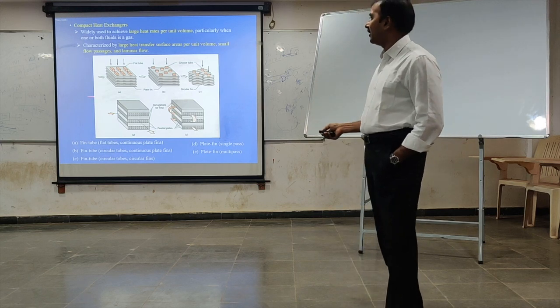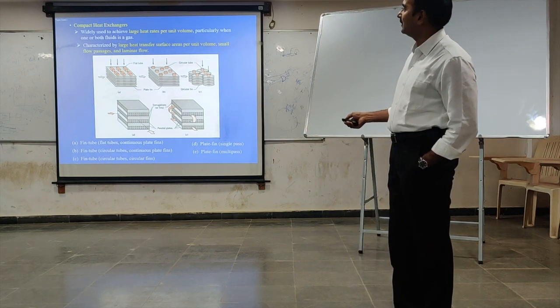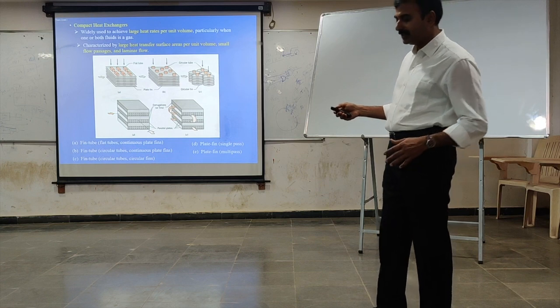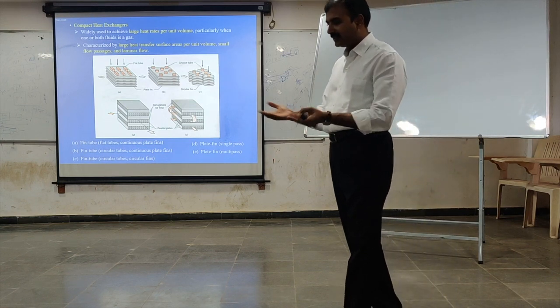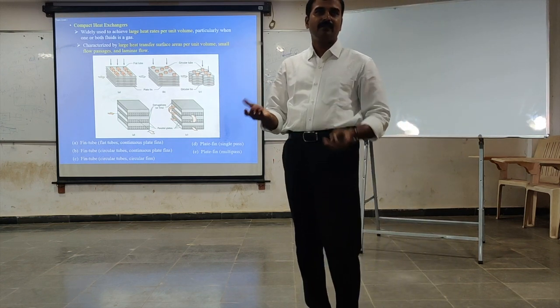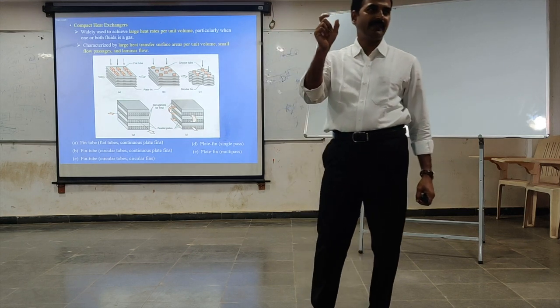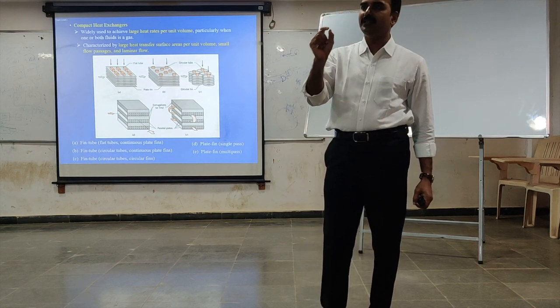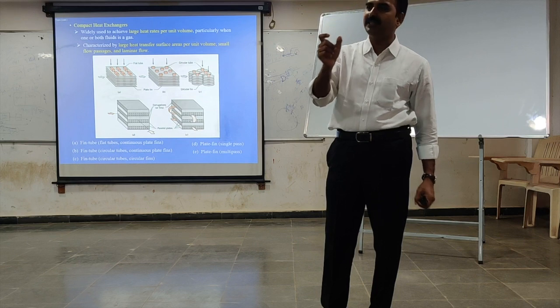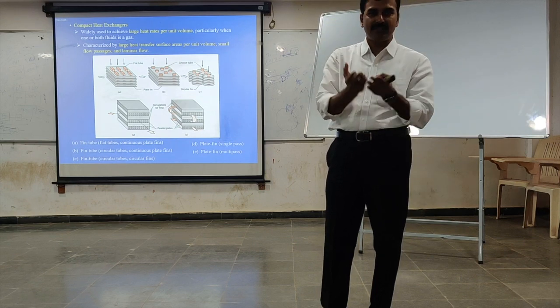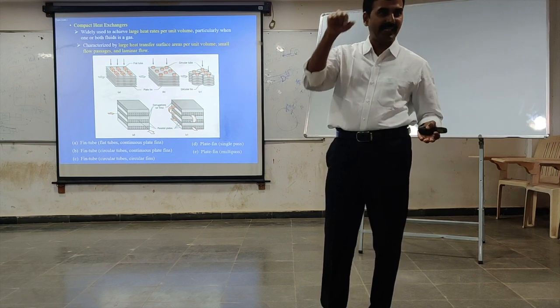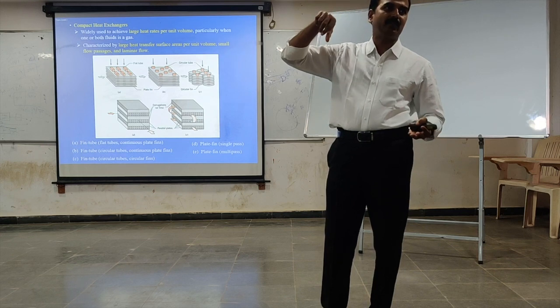Okay. So now the compact exchanger is nothing but having larger surface area per given volume, right? Because volume is limited, the size of the object is limited. So within that, you should see that A in hAΔT is maximized.